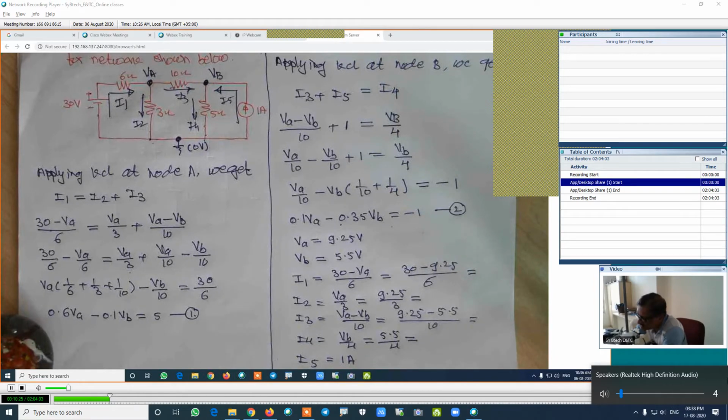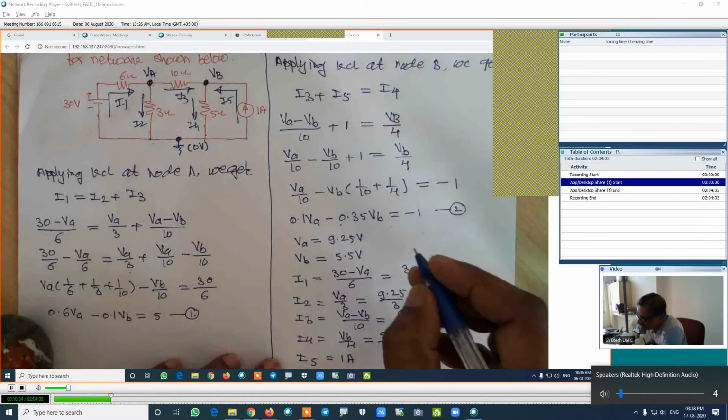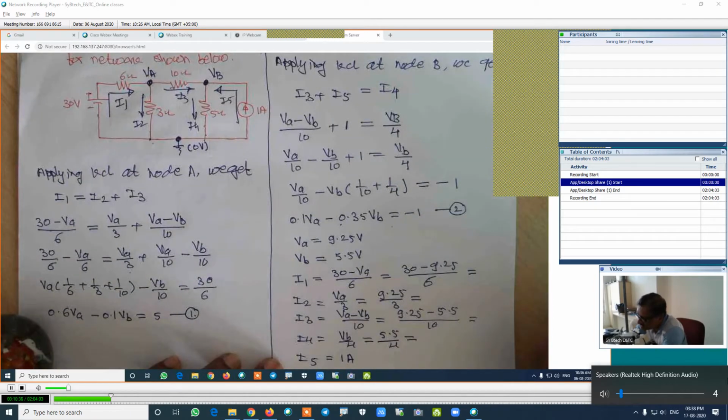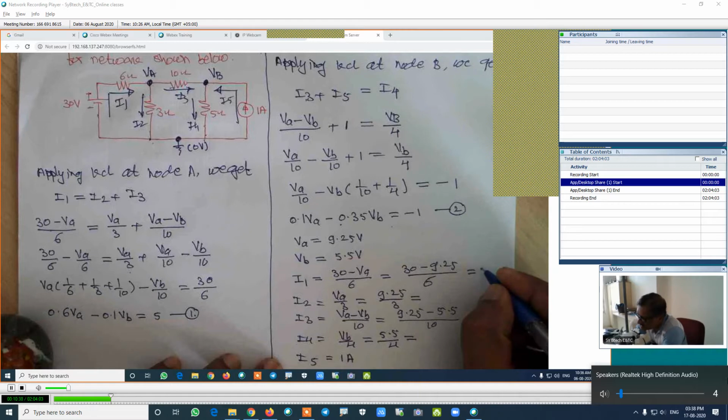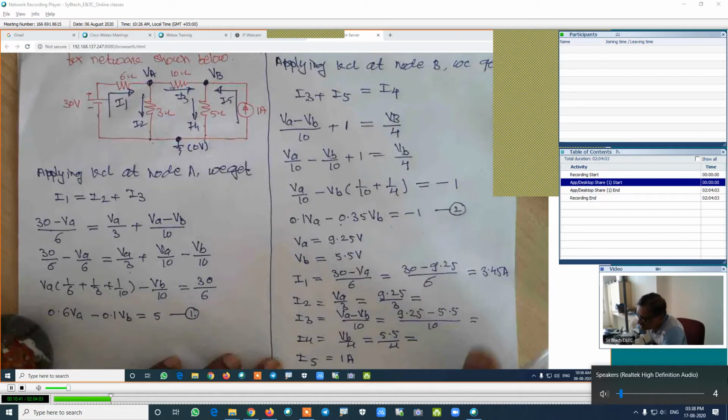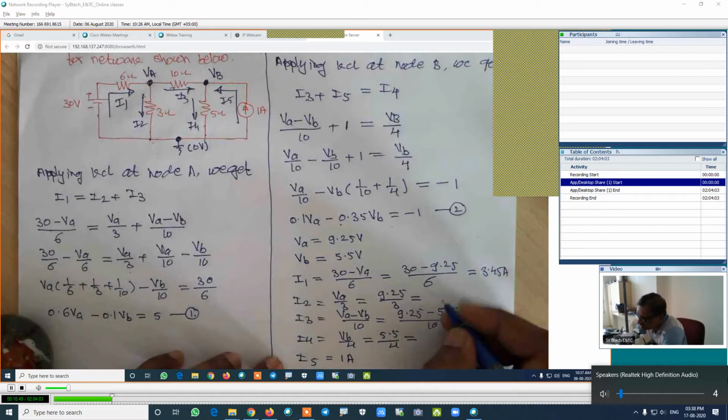How much is the I1? Yeah. Saurabh. 3.45. 3.45. Yes. Next. Madhuri. Ruchira. I2 is 3.08. 3.08 amperes.